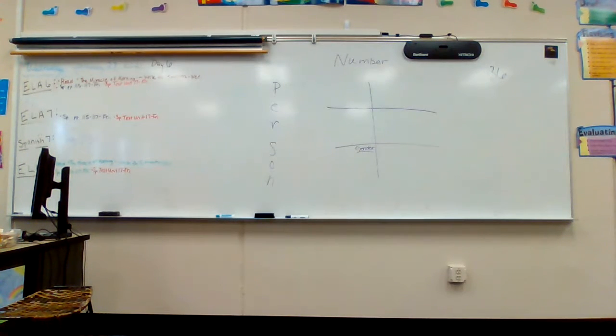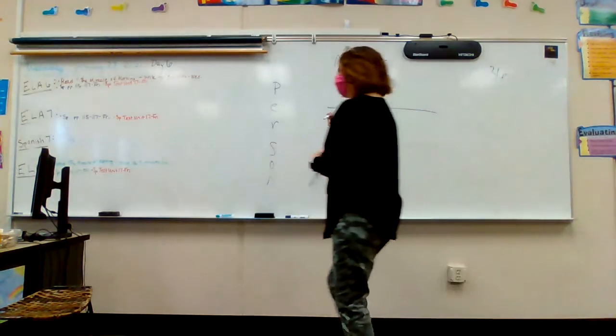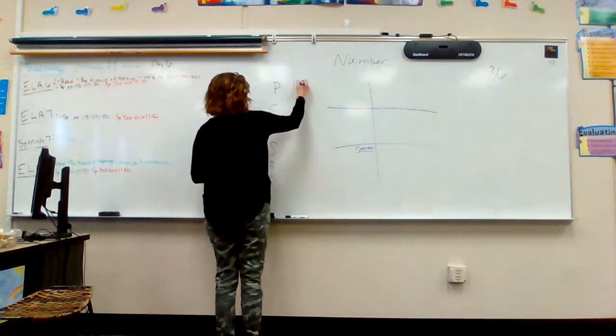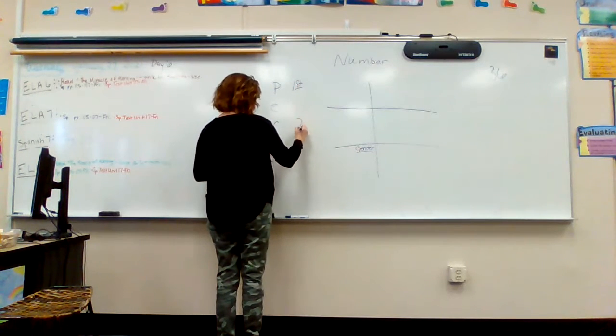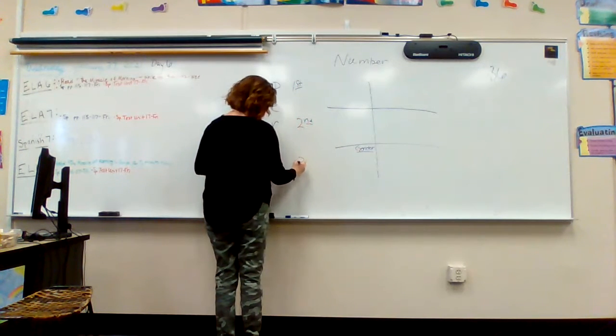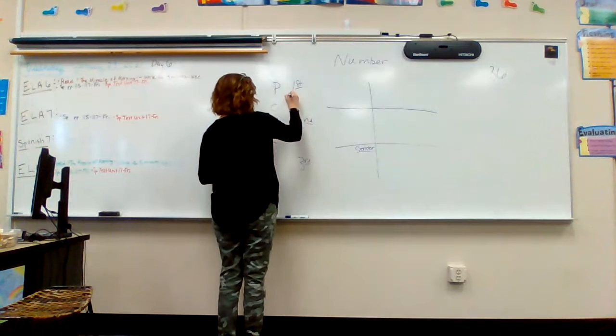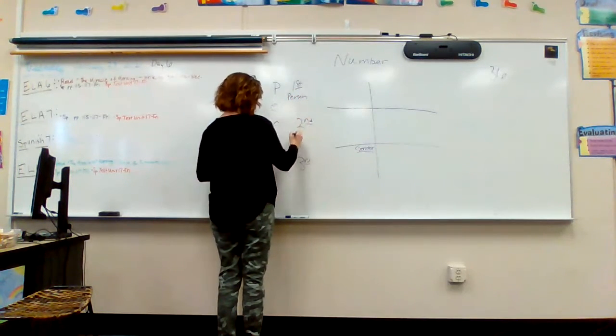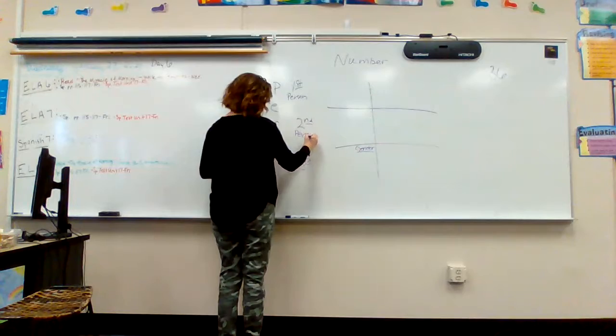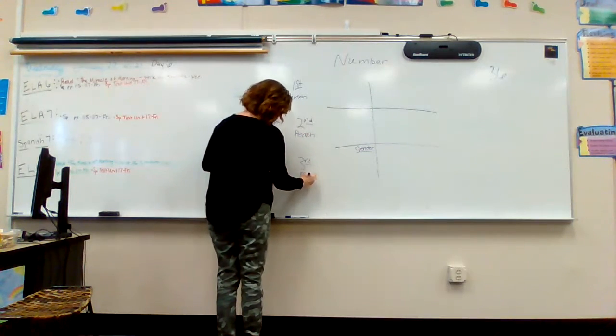When we talk about person, what would be the three ways that we can refer to a pronoun in person? Grayson? First, second, third. Yep. First person, second person, and third person. I'm going to write person on there because sometimes that could get confusing with number, right?